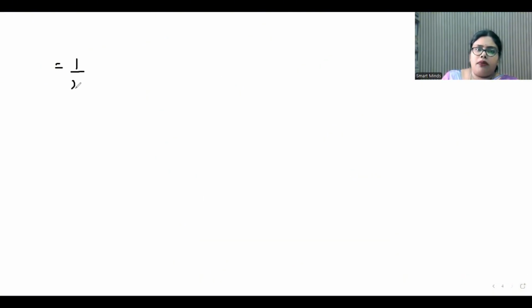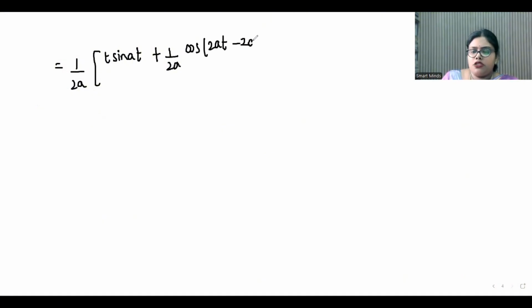So that is 1 by 2a into t sin at plus 1 by 2a cos 2at minus at minus 1 by 2a cos of minus at.